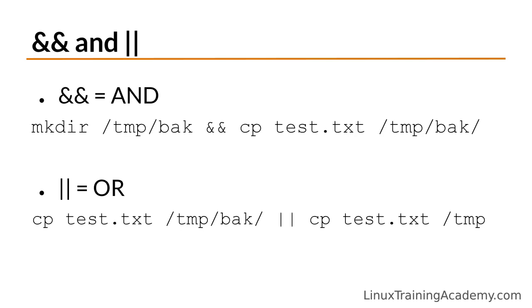In this example, if the first cp command succeeds, then we have successfully created a backup copy of test.txt, so there's no need for another backup copy of that file. If the first command fails, however, then the second command is executed. In this example, if test.txt can't be copied into /tmp/bak, then an attempt will be made to copy it to /tmp. With an OR, only one of the two commands will successfully execute.